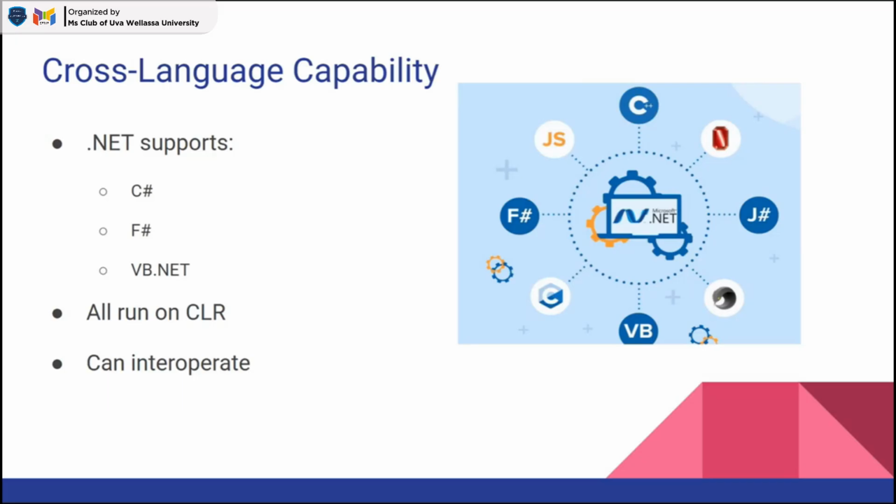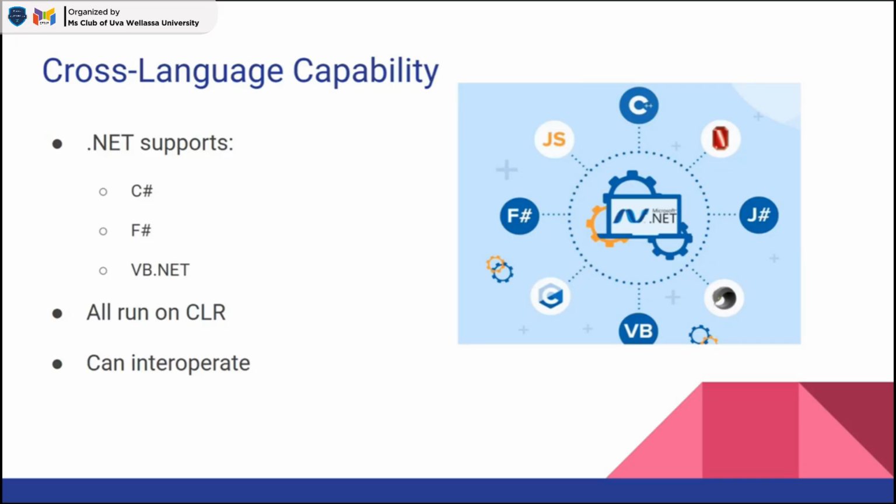And the main thing is, if you are developing a solution for any company or any issue, and one guy knows C#, another guy knows F#, and another guy knows J#, or someone only knows VB.NET, that's not a problem in this platform.